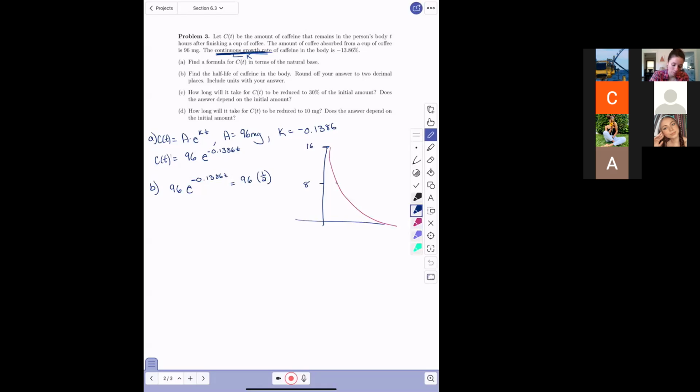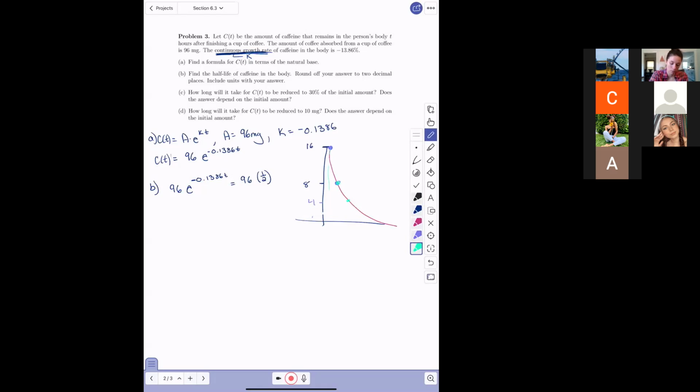The amount of time it takes to get from 16 to 8 is the same as the amount of time it takes to get from 8 to 4.